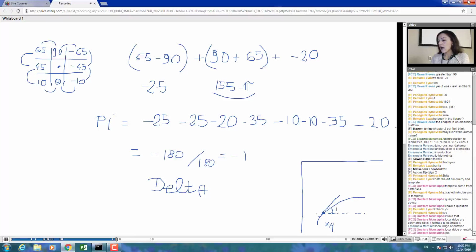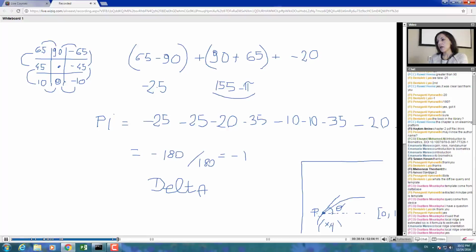So we have the pixel P, with coordinates x and y here, and then we have the tangent to the ridge. This theta is the local ridge orientation at this point, and the range will be between 0 and 180.